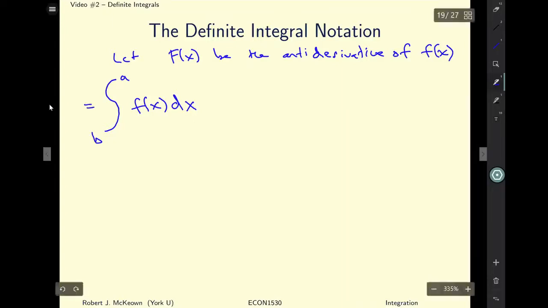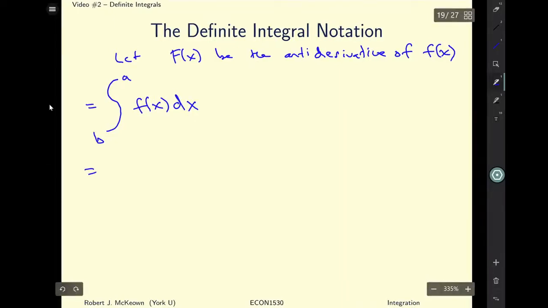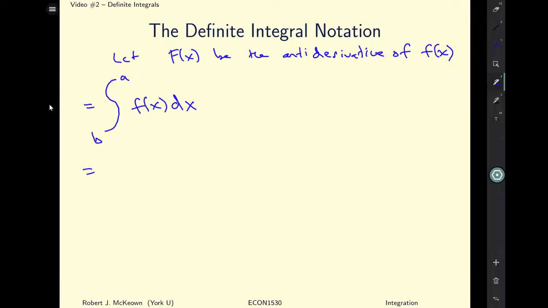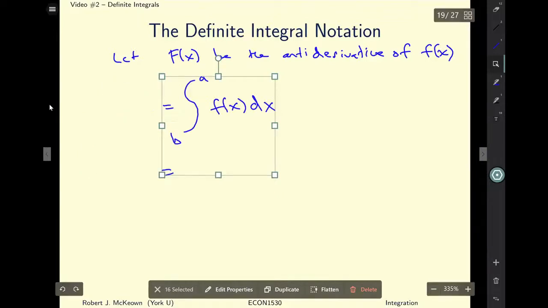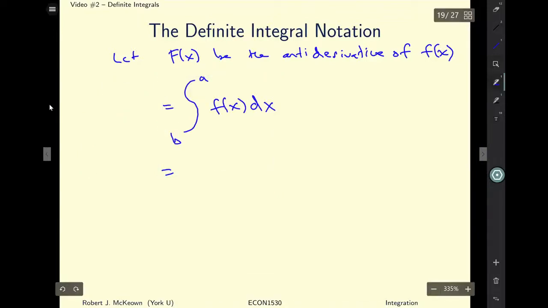And this is going to be equal to big F of x.